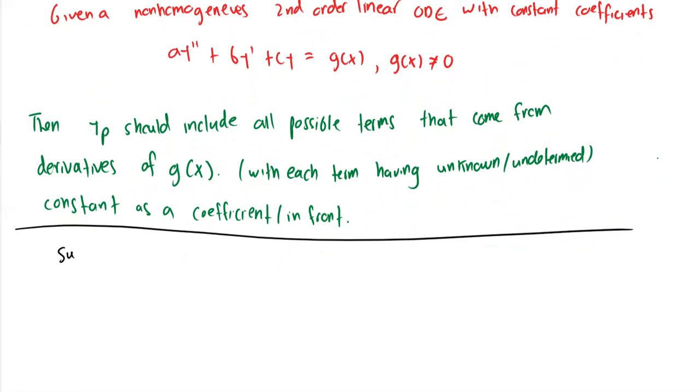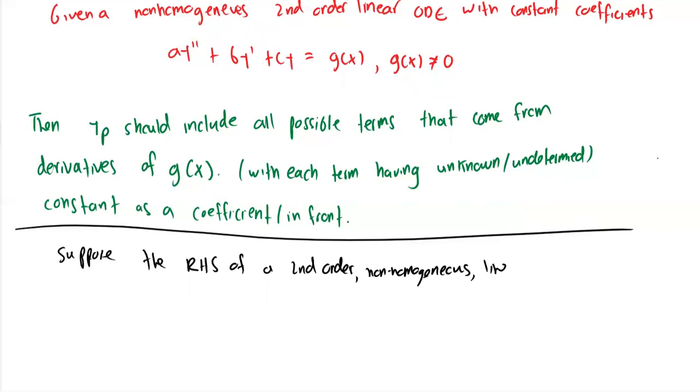But let's say, suppose the right-hand side of a second order non-homogeneous linear ODE is, suppose that we have the right-hand side, or g of x, being, let's see, let's do something interesting.